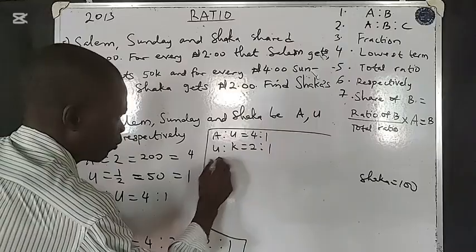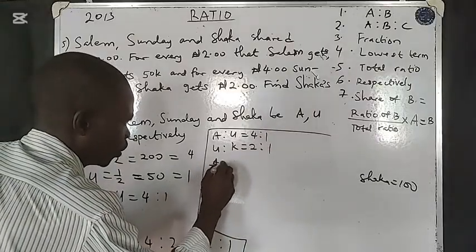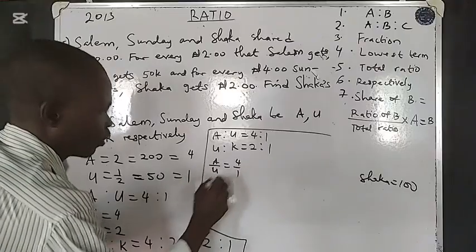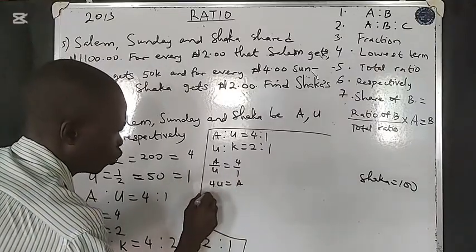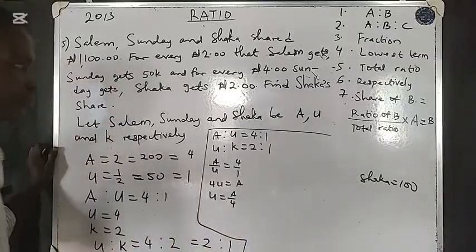So from the first equation, we write A over U equals 4/1. And U times 4 will give us 4U equals A. So U equals A over 4, right?